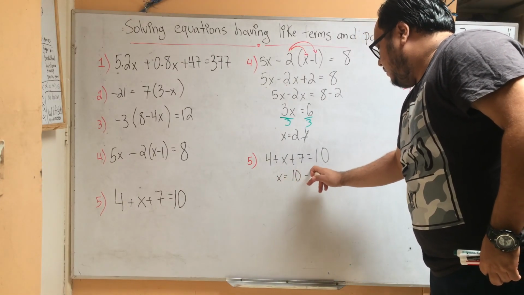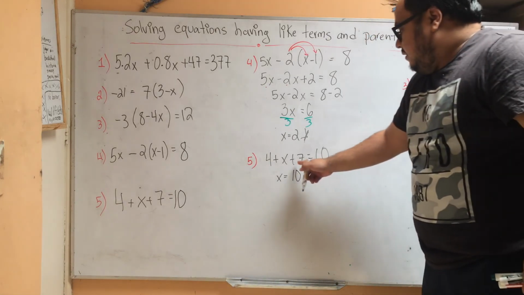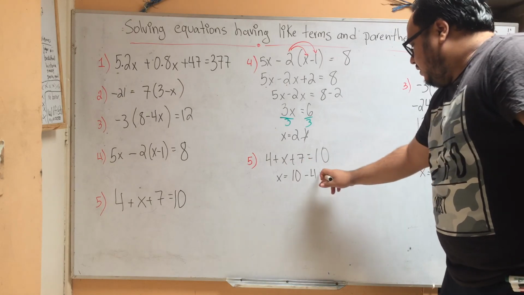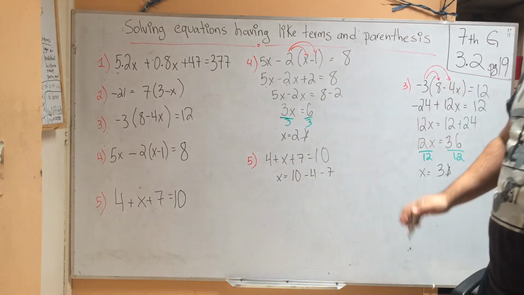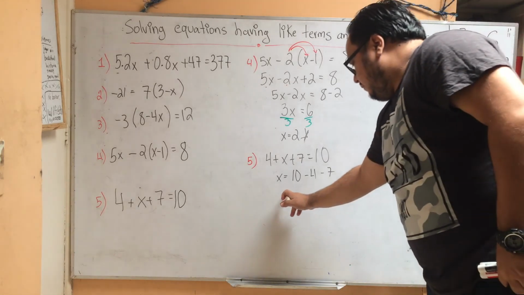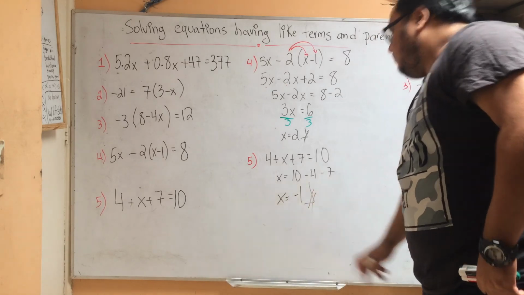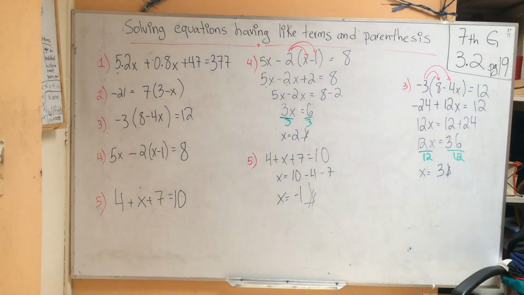So we have 10 minus 4, because this one is positive, I move it to the other side negative. 7 is positive, I move it to the other side negative. So we have 10 minus 4 is 6, and 6 minus 7, x equals minus 1. This one was pretty simple. But what we are doing is just grouping on one side, solving for x.